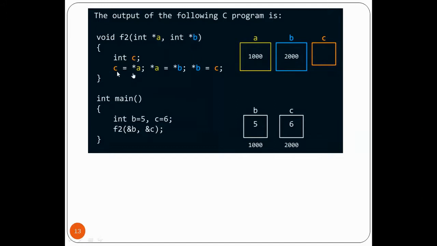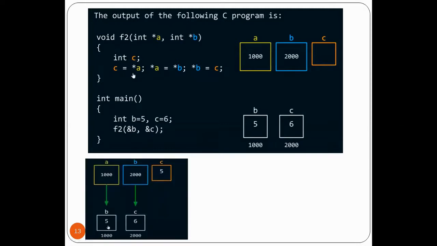Now what we are doing, c is equal to *a. Whatever is present at pointer a, it will be copied to c.